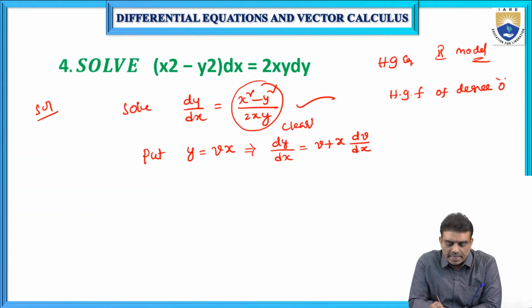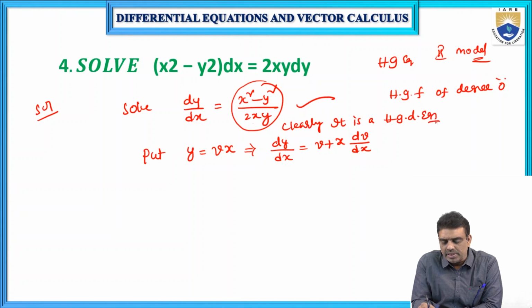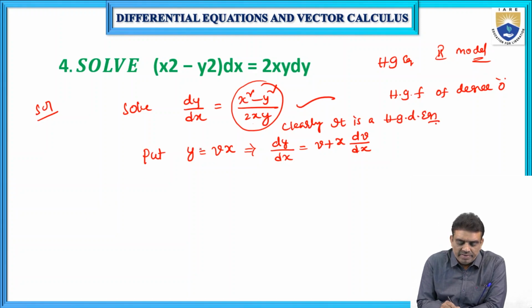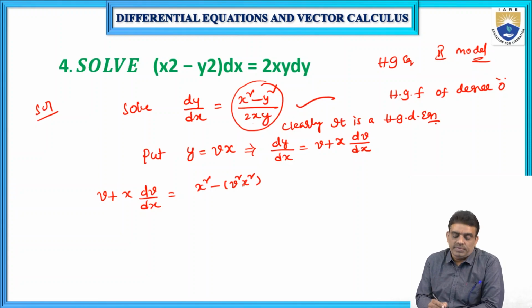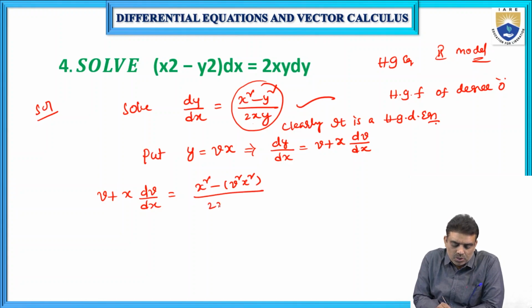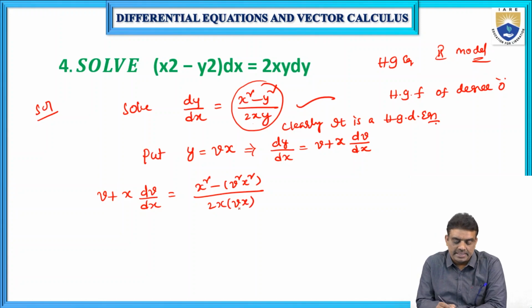Clearly, as the first step, you write that it is a homogeneous differential equation. So on putting y is equal to vx, what you will get? v plus x into dv by dx is equal to x square minus y, that is vx whole square, that is v square x square, by 2x into, instead of y we replace it by vx.